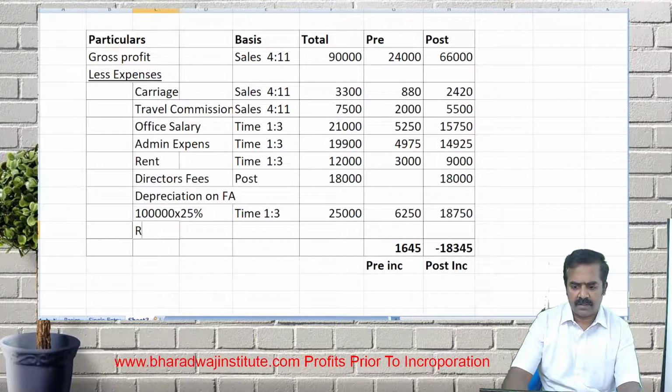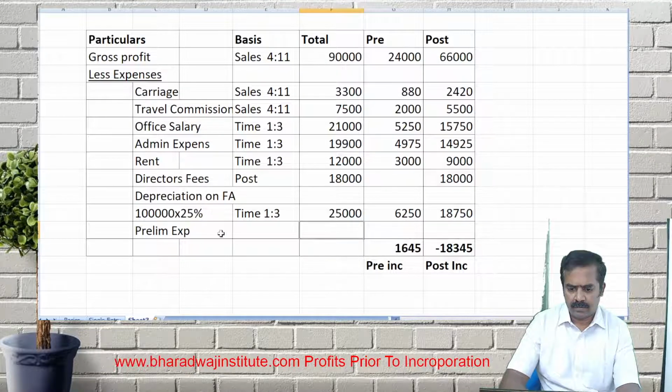Preliminary expenses, 5,200, post-incorporation.